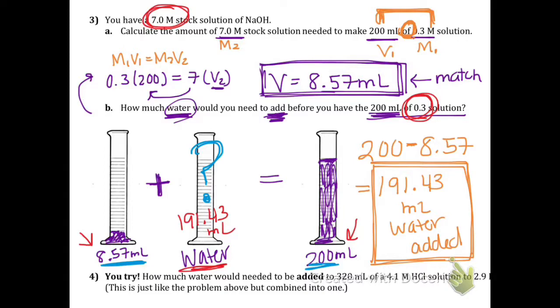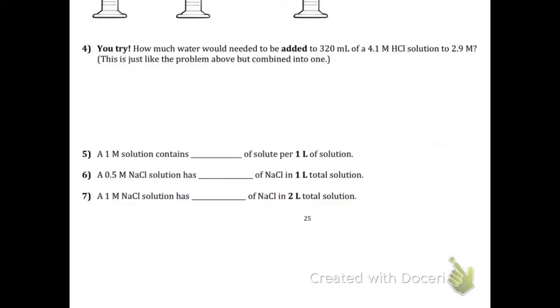Okay. The next problem here, it says you try, is just like the problem above, but we put it into one question. It says how much water must be added if you have this number and you dilute it down to 2.9. Okay, so I'm going to set it up a little bit.